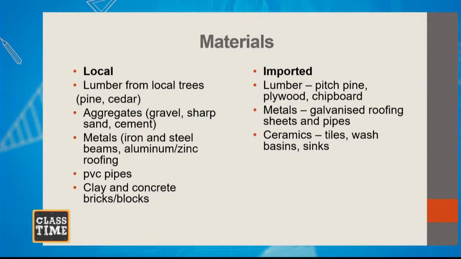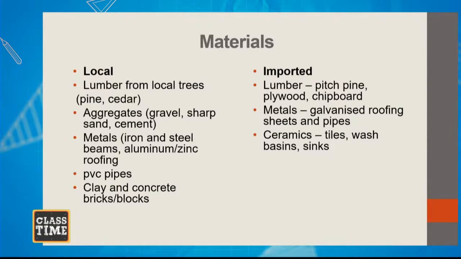There are some lumber we are going to get locally. For example, our local trees, for example, the pine and cedar, they will give us the local lumber that we need. If we were to look at imported lumber, we are thinking of pitch pine, plywood, and chipboard. We must use the aggregates to ensure that we have a good and a strong foundation. We're talking about gravel, our sand, and cement.